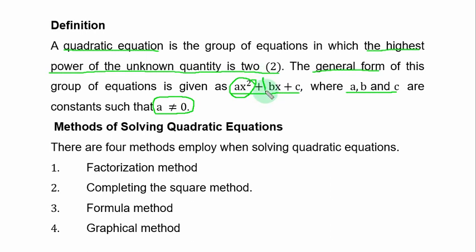The result becomes a linear equation. This is why, for us to have a quadratic equation all the time, the term that contains the highest power of 2, its coefficient must not be 0. So that is the condition for us to have a quadratic equation.